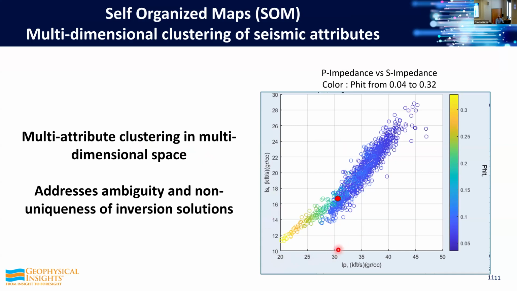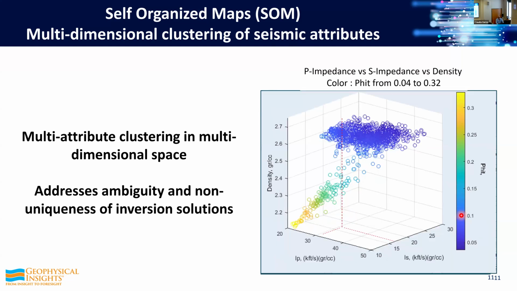So this is a log. And again, even in a perfect inversion, let's take a point in here where we have P and S impedances. You can see that this point here corresponds to both the pay sand and the shale in here. So there is ambiguity, right? A single point can represent more than one property.